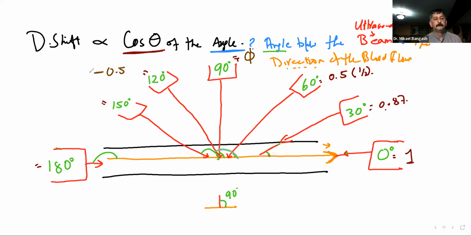Is that clear? Now you should already be able to guess what this minus will do. It will cause your Doppler shift to become negative.